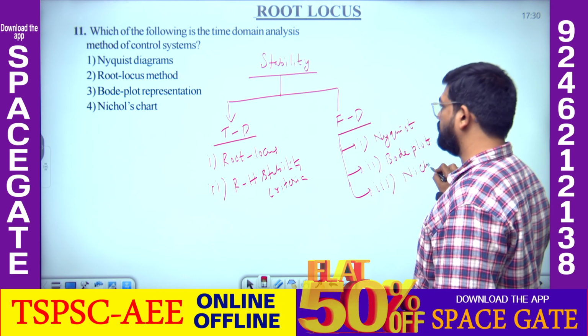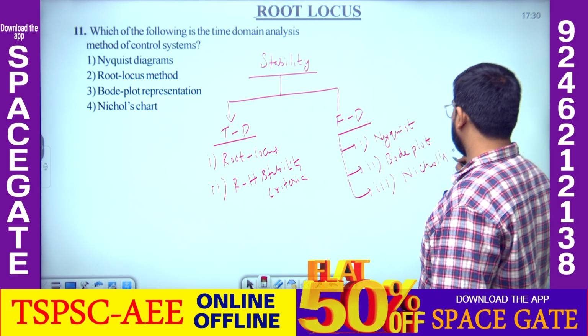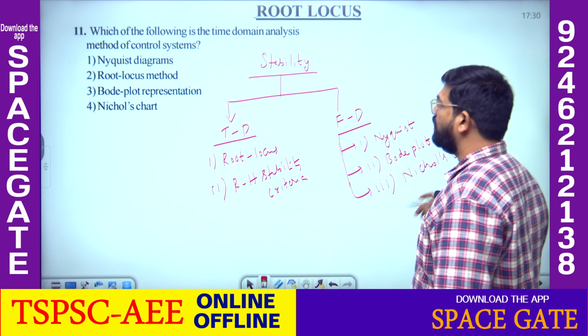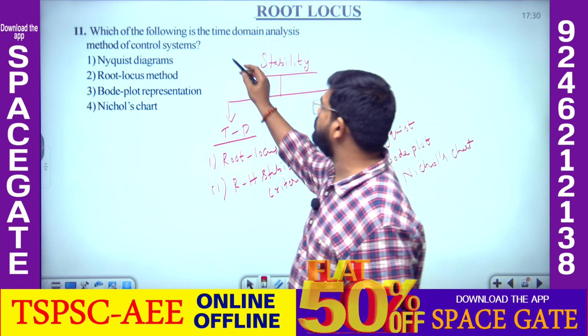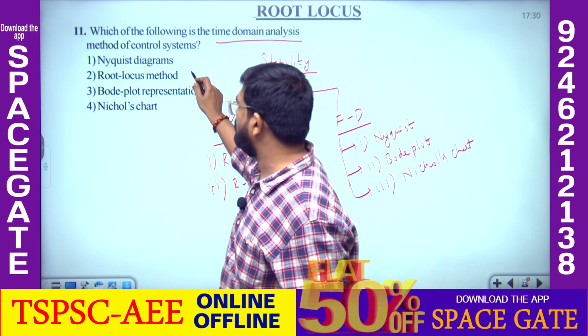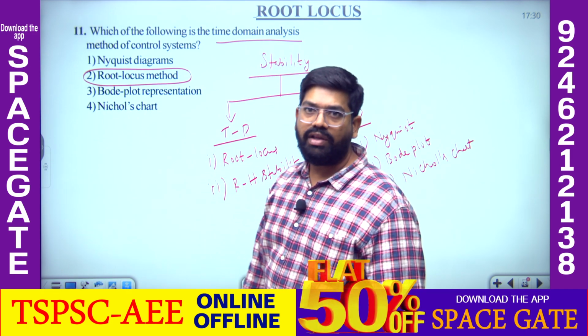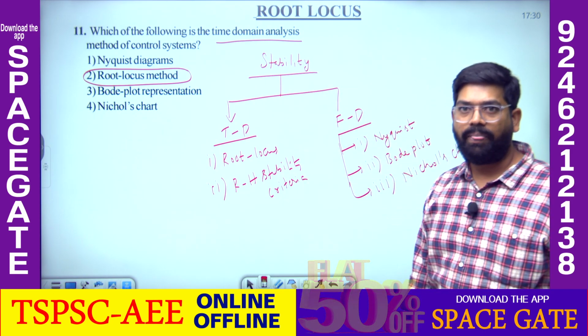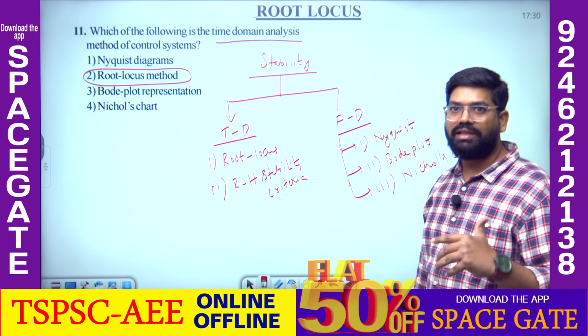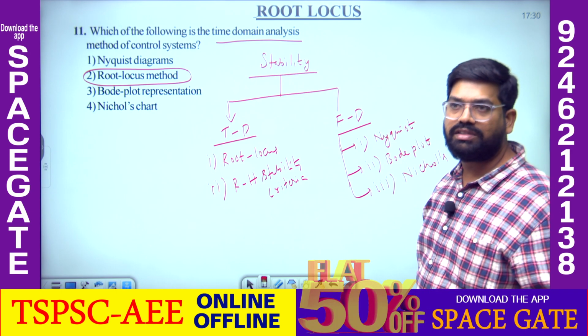Nichols chart means M-N circles, but anyway the question is, which of the following is the time domain analysis method, means only root locus. The rest of the 3 come under frequency domain stability methods. Okay, just only if you know the syllabus, you can answer some questions like this.